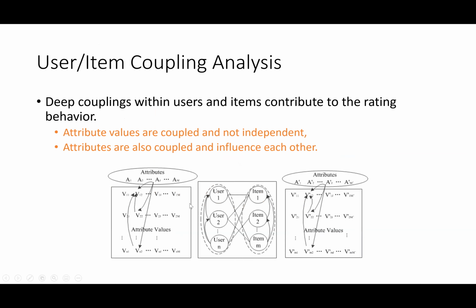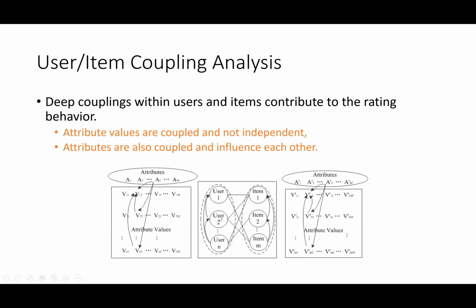In a real case for the recommender system, we really need to consider user and item, and that's what I call user coupling or item coupling, and that is built on the very first similarity learning technique I introduced. So with the user, you have multiple user attributes, and then we can consider the value similarity for each attribute and between attributes, called intra-attribute or inter-attribute, and then you roll them up, integrate, and build the user relationship or user similarity. Similarly, we can do that for the item, right?